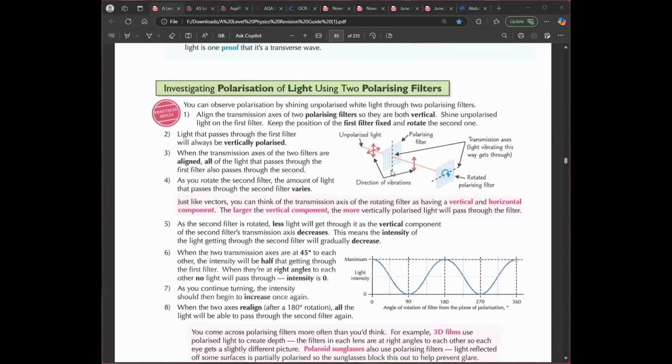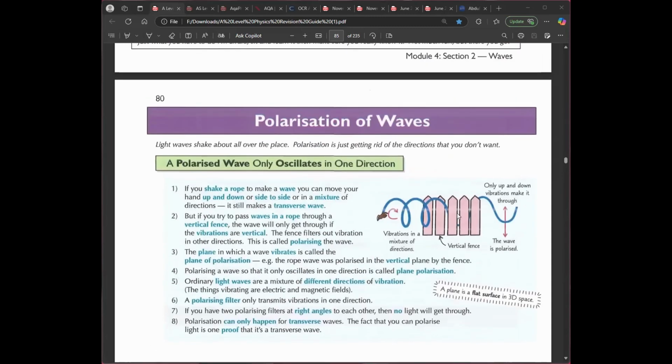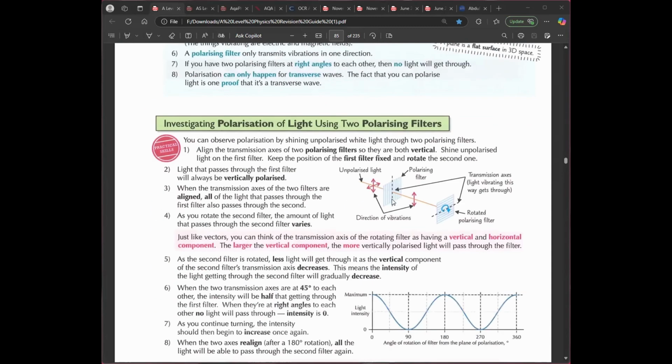Now this is also important. Maybe you have performed this experiment in your college as well. So they have similar polarizing filters, and there's some unpolarized light, which means that it could have components in various directions. So it could be a jumble of waves that are vertical, horizontal, and in the middle as well. You let it pass through one polarizing filter first, and you can see that it has vertical stripes, which means that, as in this example, it will only let the waves pass through in the vertical plane.